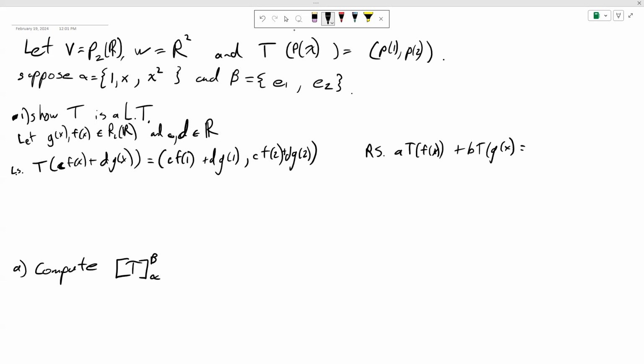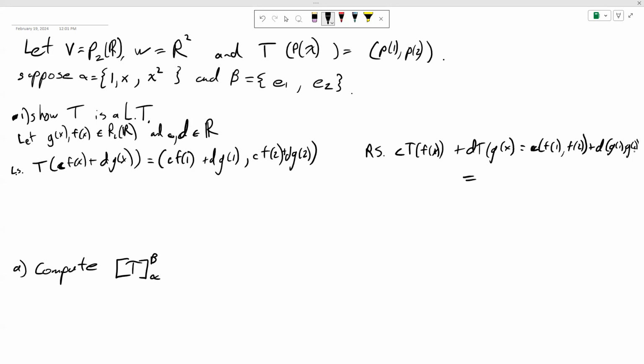And this equals c (f(1), f(2)) plus d (g(1), g(2)).